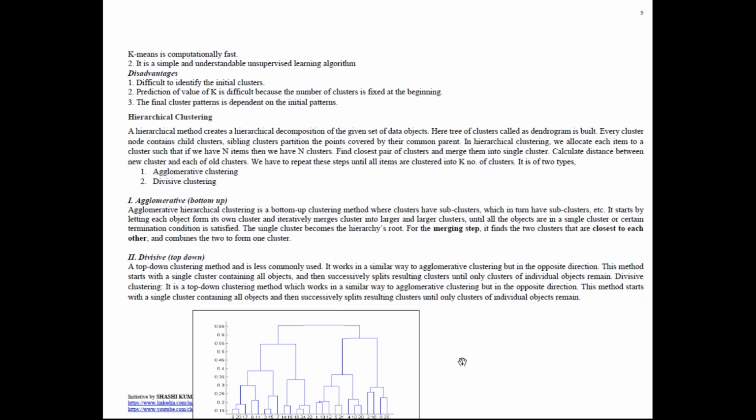A top-down clustering method is less commonly used. It works in a similar way to agglomerative clustering but in the opposite direction. This method starts with a single cluster containing all the objects.